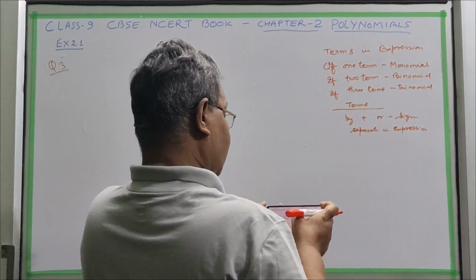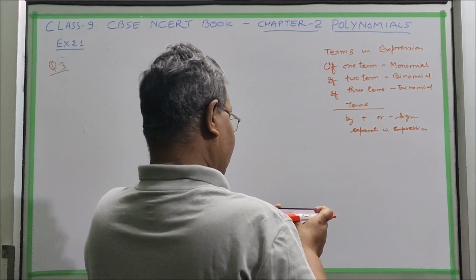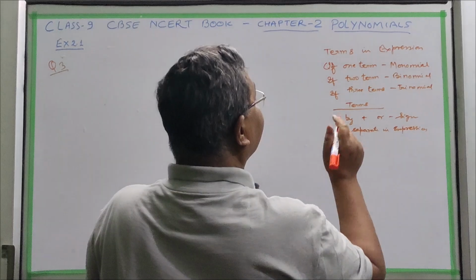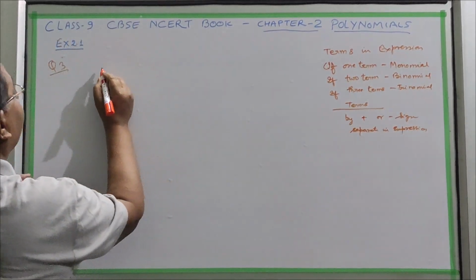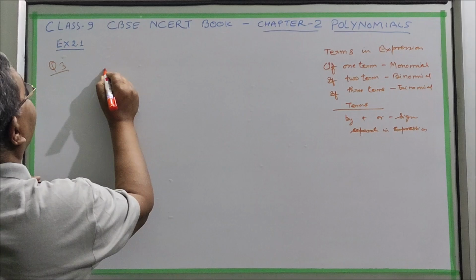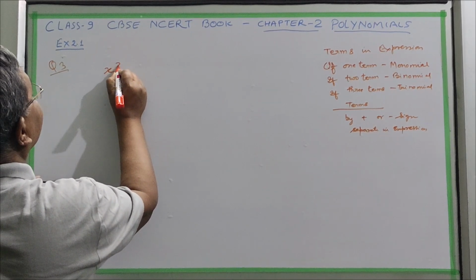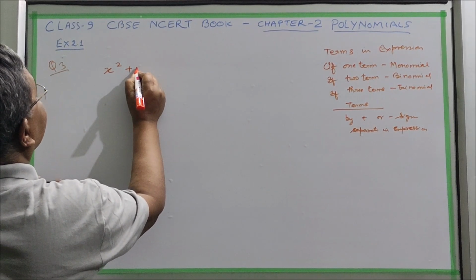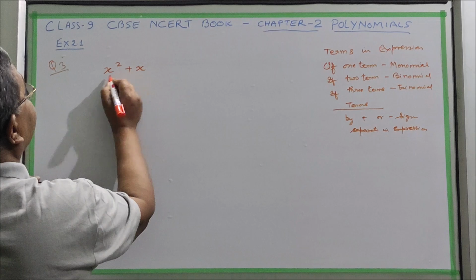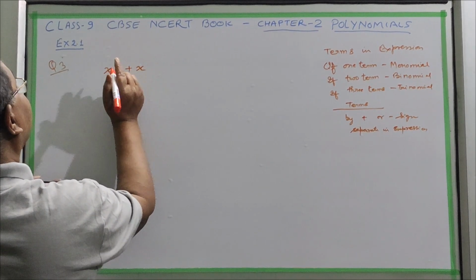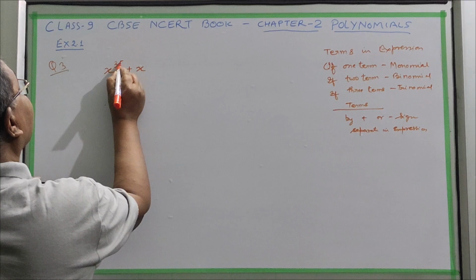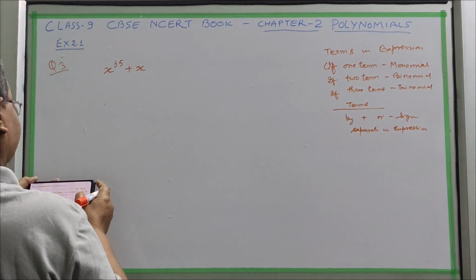Your question is binomial, and binomial means at least two terms should be there. So for two terms you take x² plus x, and you make the power 35.